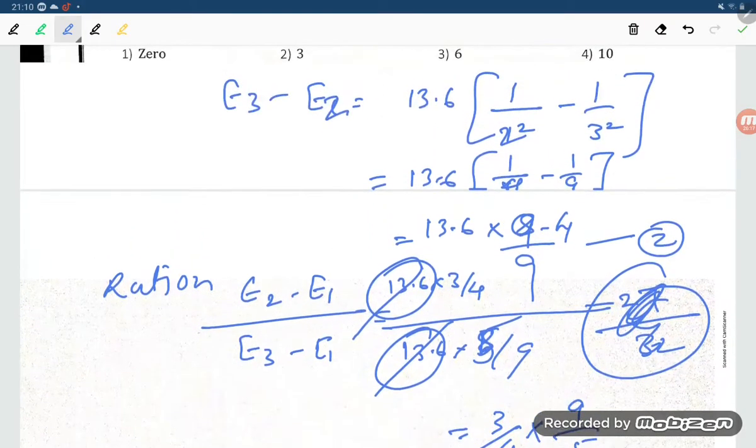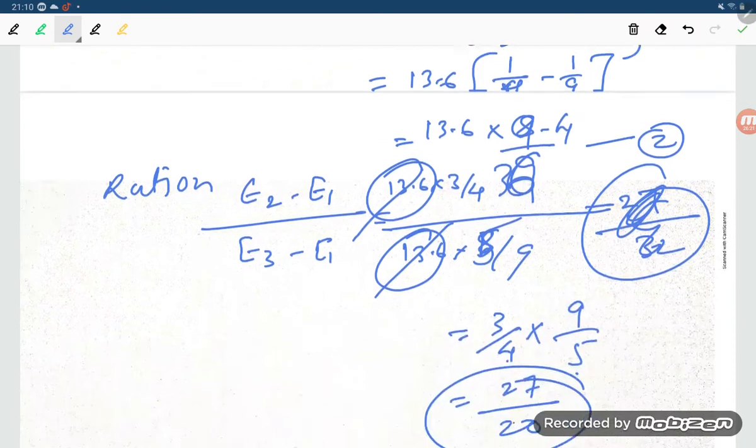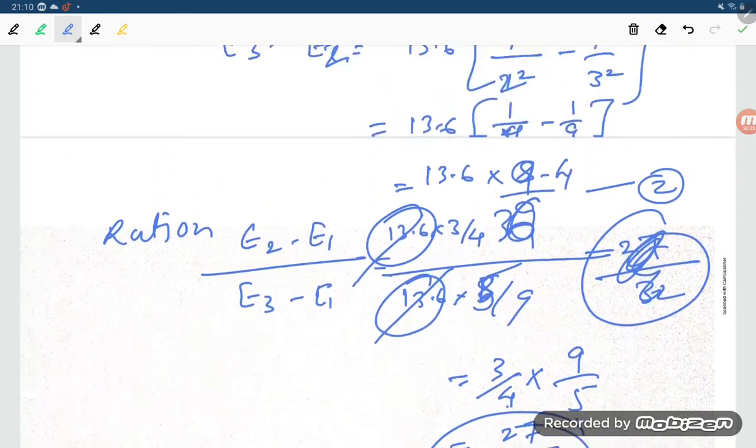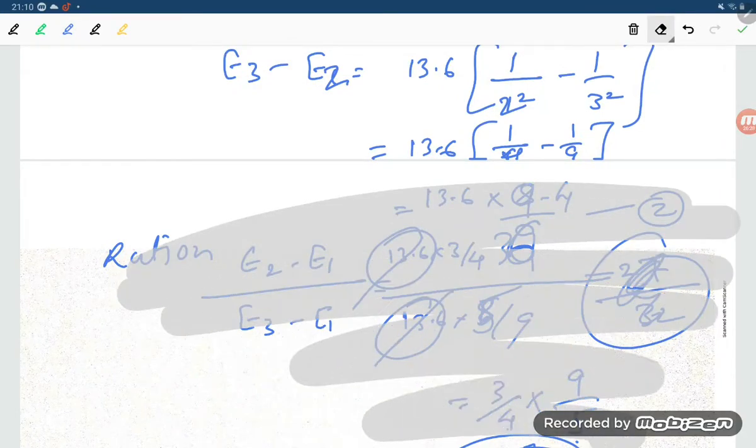This is still not right. The 36 is coming on the downside, student. I don't know why we are making the mistake. Okay, let us erase all this, student, because we got too confused in this question.